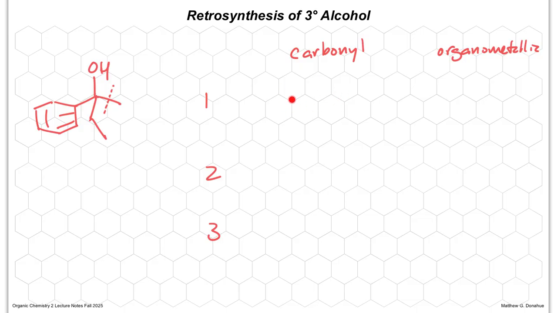So what functional group would this be? What name? Not the name of the molecule, just overall the general functional group. If that carbon goes up to 2, what would this be?